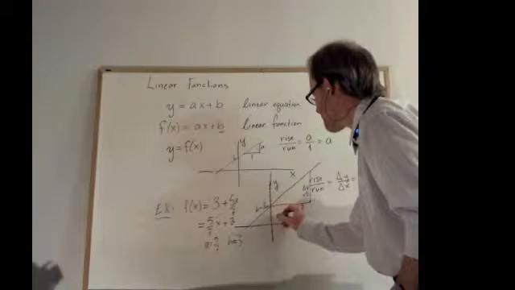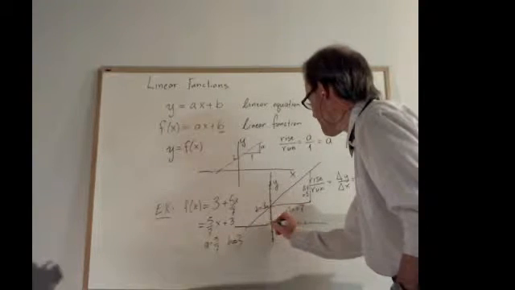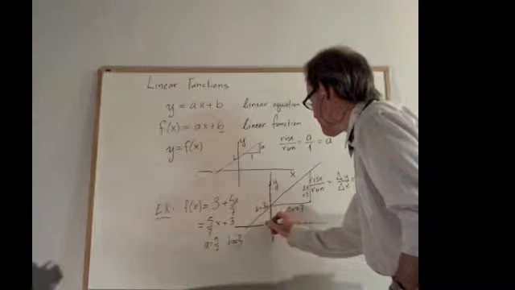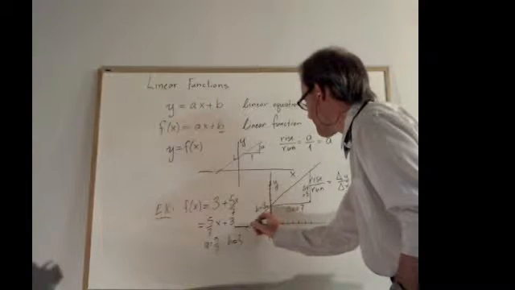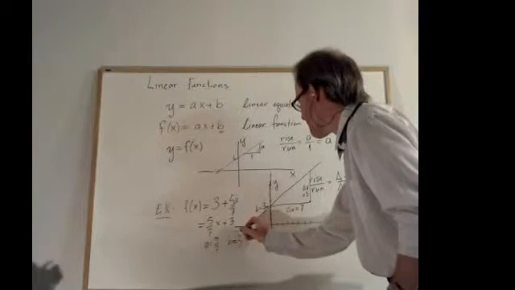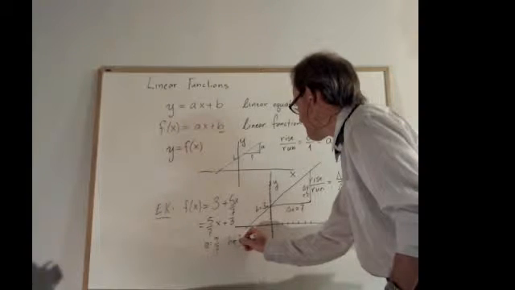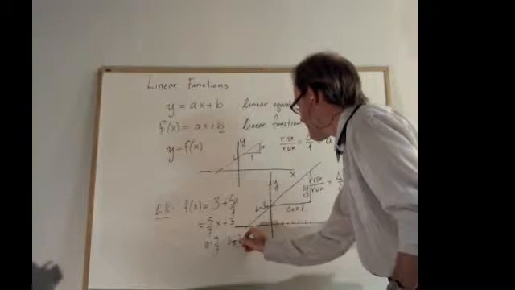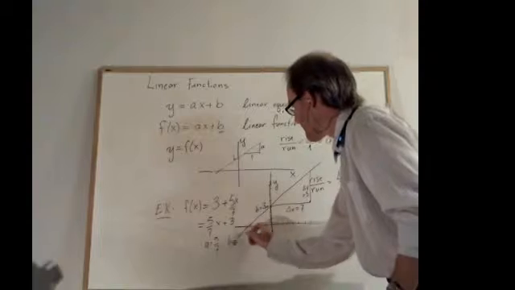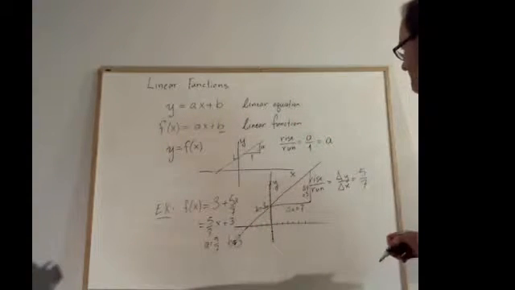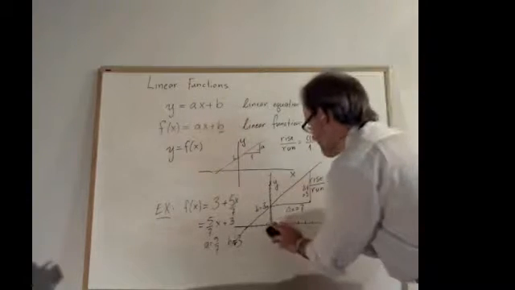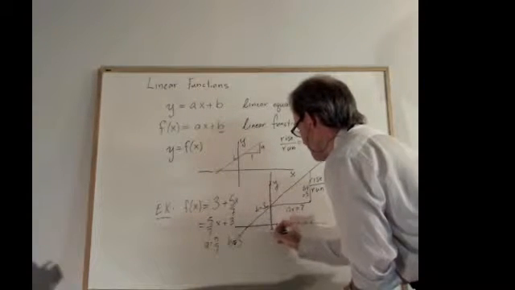So you go down 1, 2, 3, 4, 5, and this should be in this direction 1, 2, 3, 4, 5, 6, 7. So it should be roughly down here, and it's not quite there, but I guess my graph is a bit off, but maybe it should be like this.